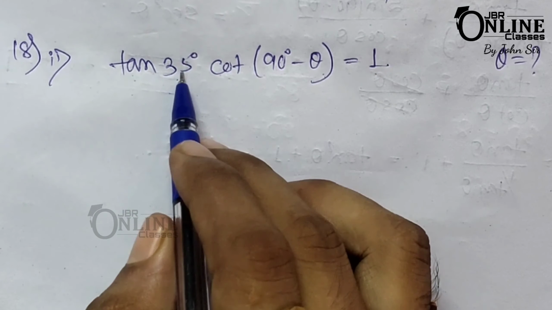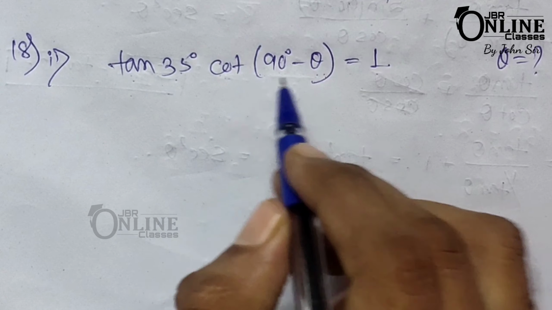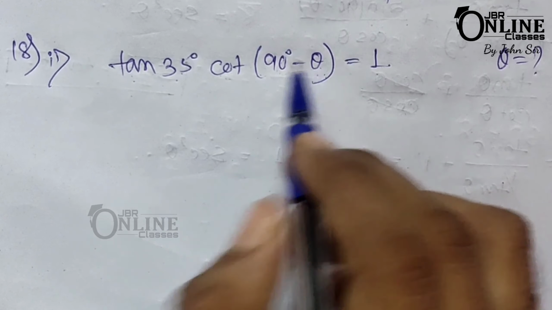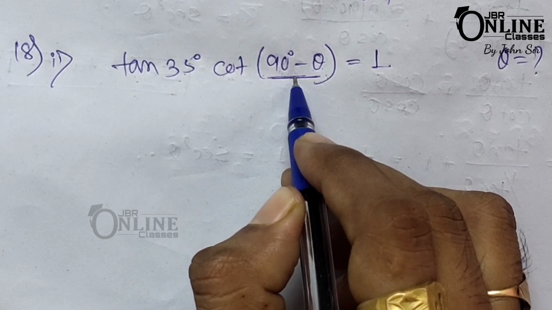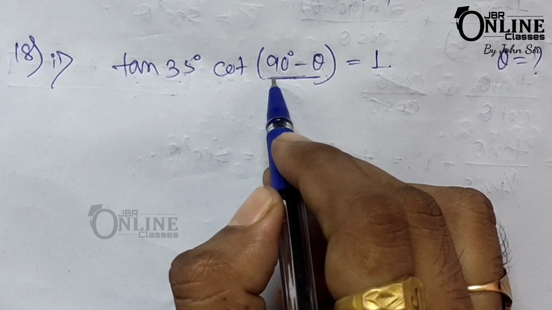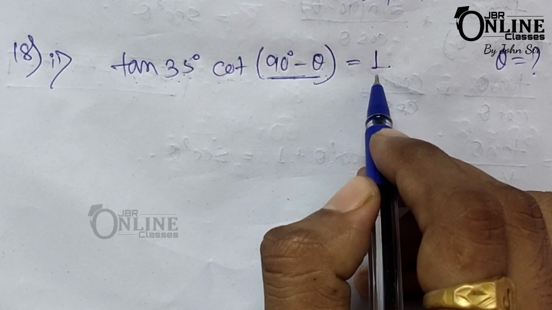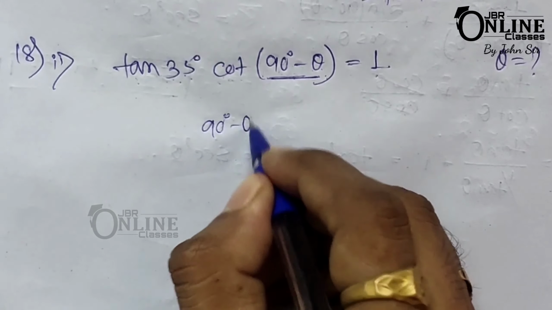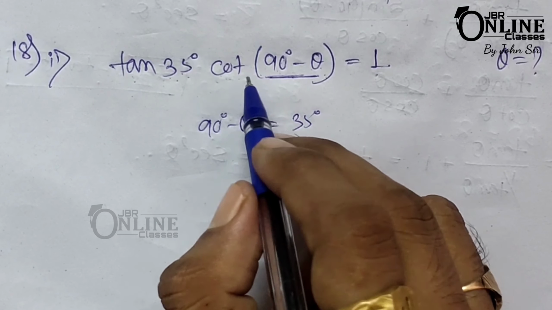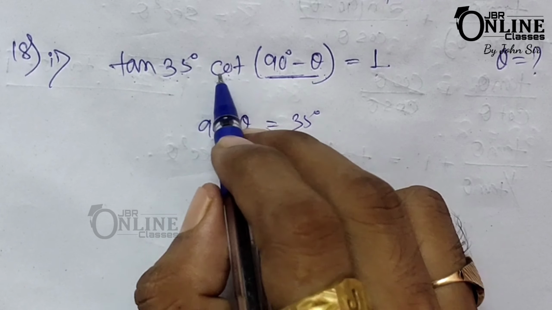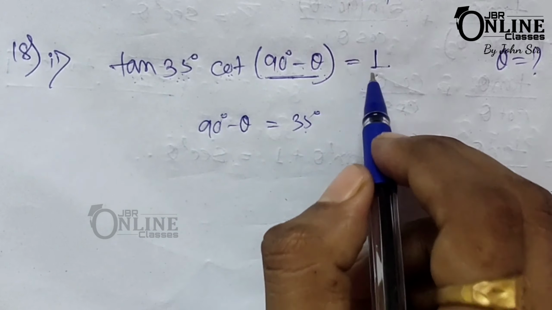So here, if you let 90 minus theta equal to 35, then it becomes cot 35, and cot 35 into tan 35 equals 1.